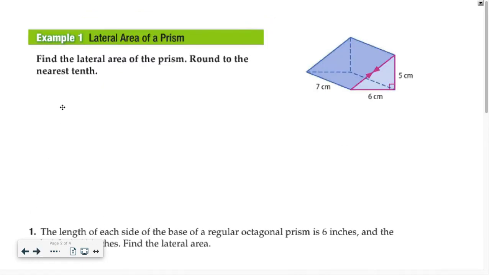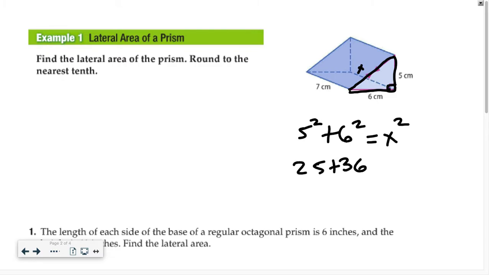Okay, so find the lateral area of the prism. This is a triangular prism, so find the perimeter of the base. We will need to find that hypotenuse distance. So 5 squared plus 6 squared, this is the Pythagorean theorem, would give us x squared. 25 plus 36 equals x squared.